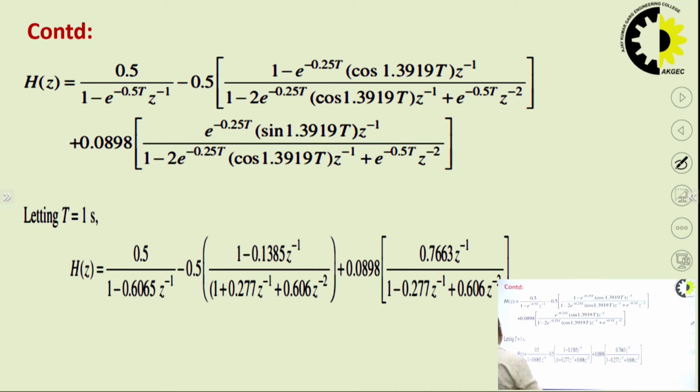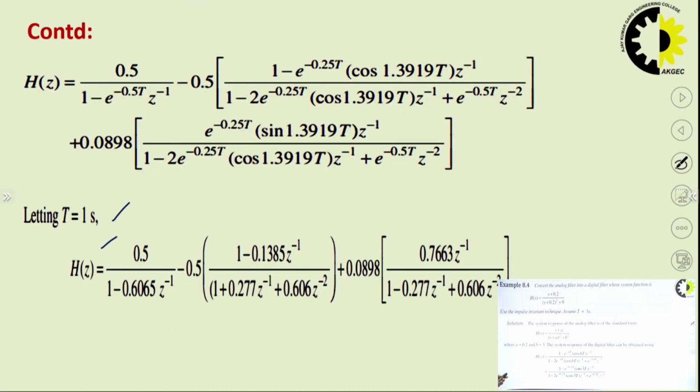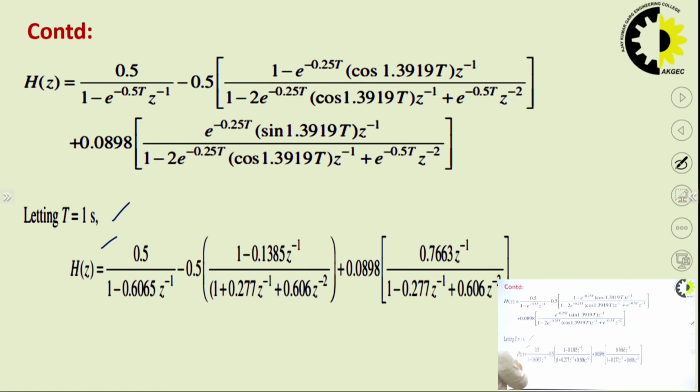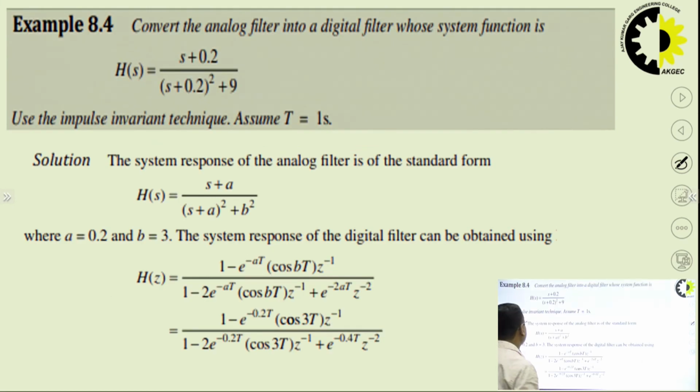At the last you have to put t is equal to 1 second, and now this is your H of Z. Further you can also simplify this and calculate H of Z as a single expression, single term in numerator and denominator. And always you have to calculate the angle in radian, okay, this you have to keep in your mind, not in degree.